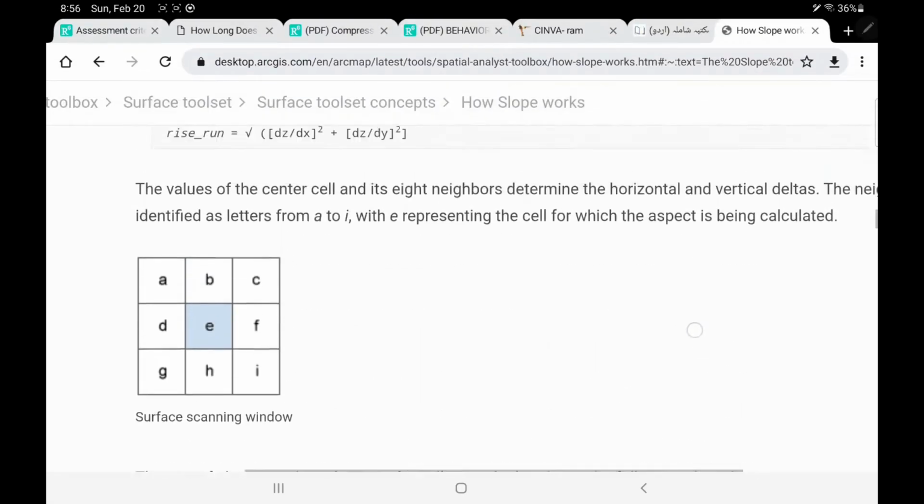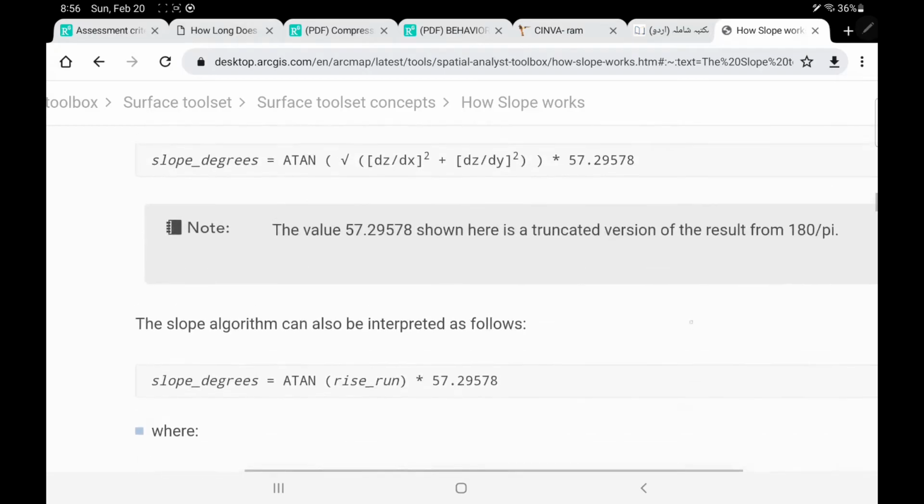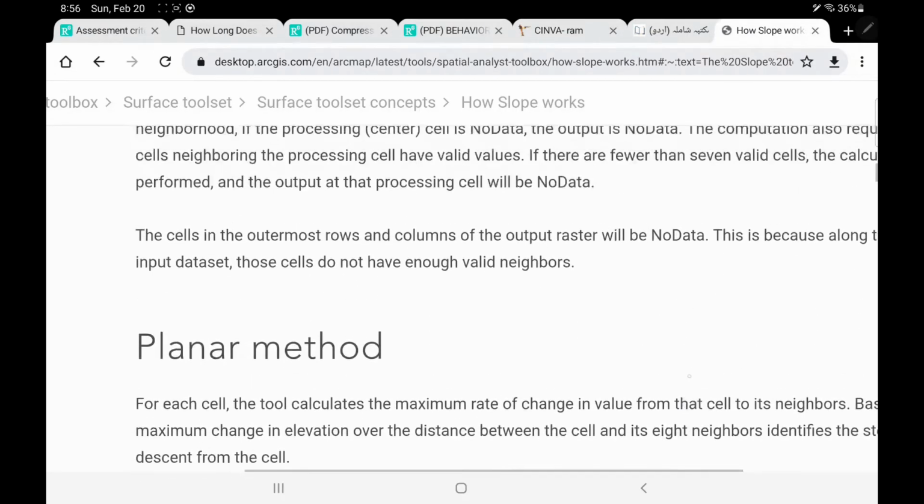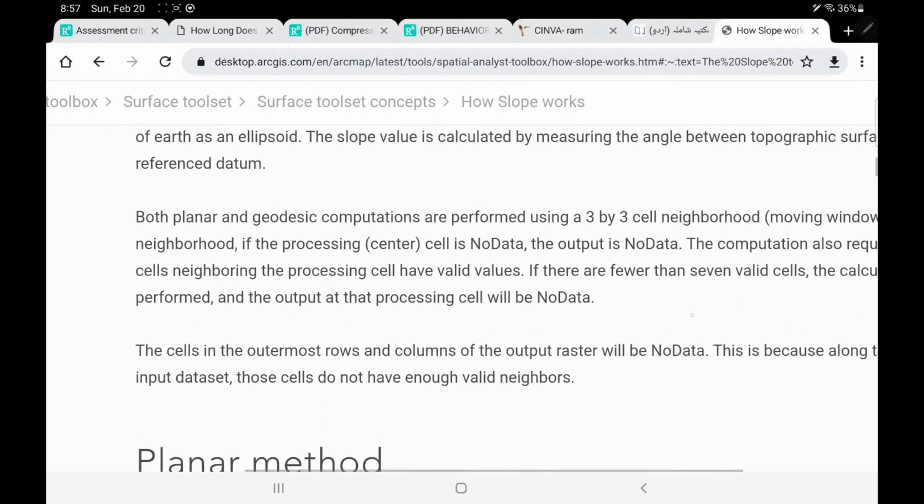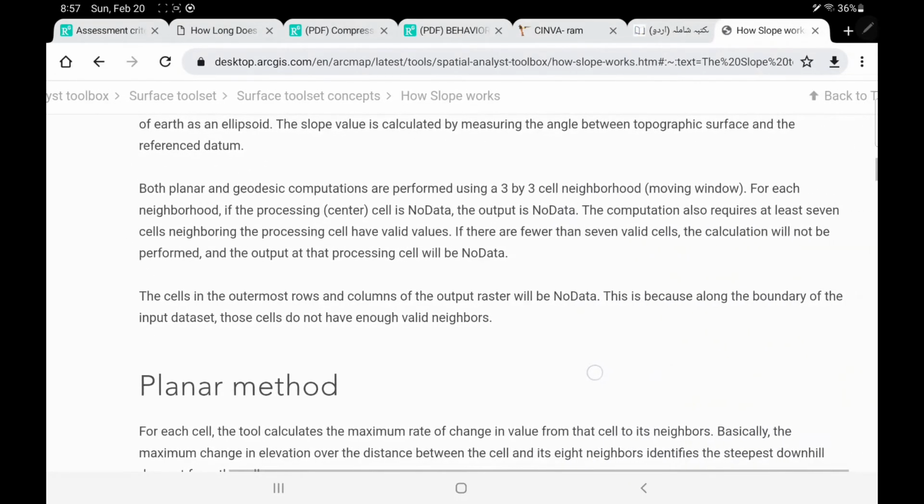The rest of that is the same. The second thing to note is the following discussion. If your center cell is no data, the result of slope will be no data.